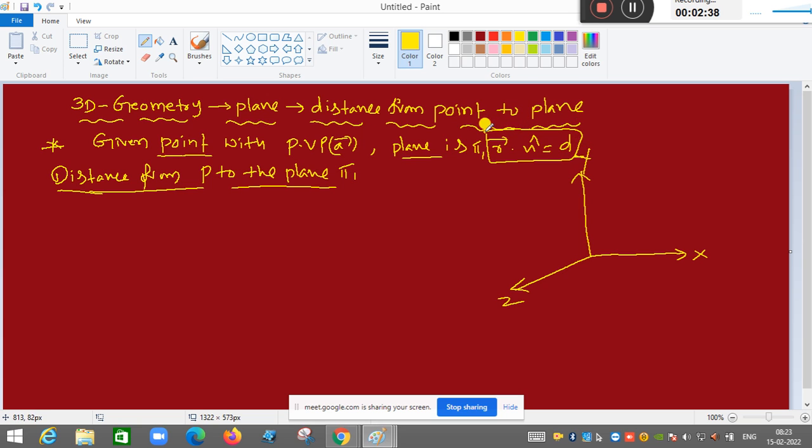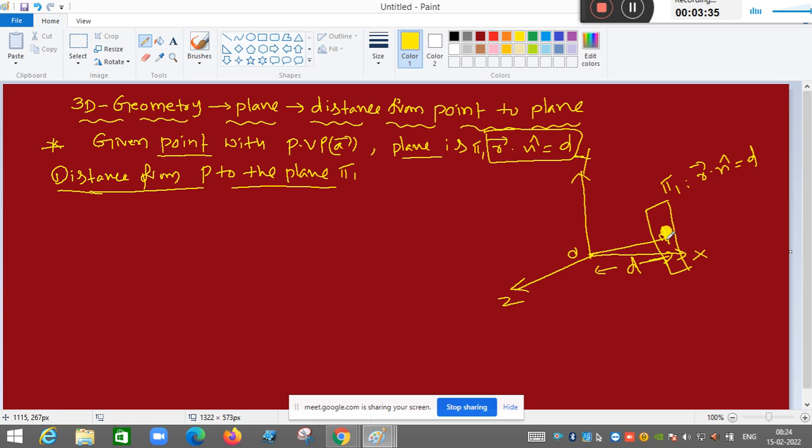From r bar dot n cap equal to d we can understand that d is the perpendicular distance from the origin to the plane. So this is the phi 1 plane, with equation r bar dot n cap equal to d.